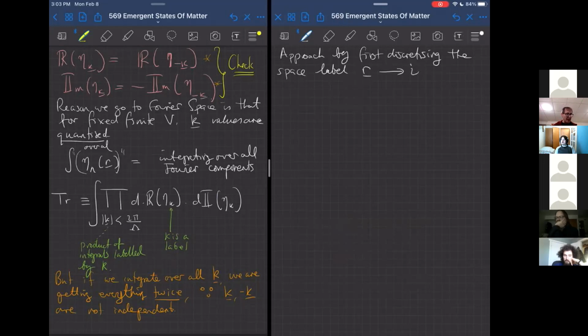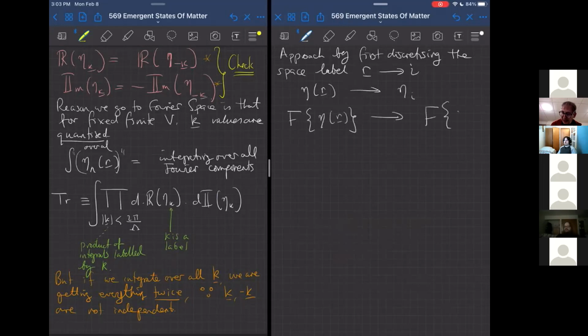So what that means is that our function is going from eta of r to a set of values defined at points in space i, like this. And so that means that our functional of eta of r now becomes a function of a set of variables eta i.